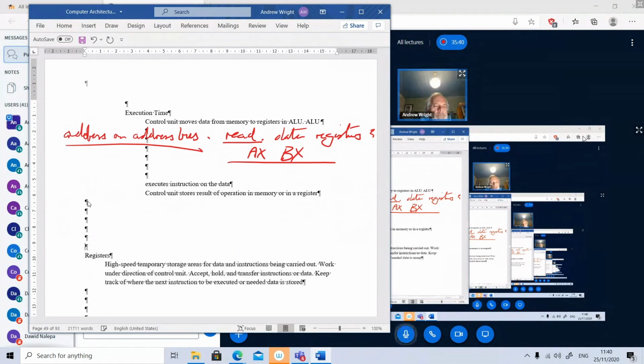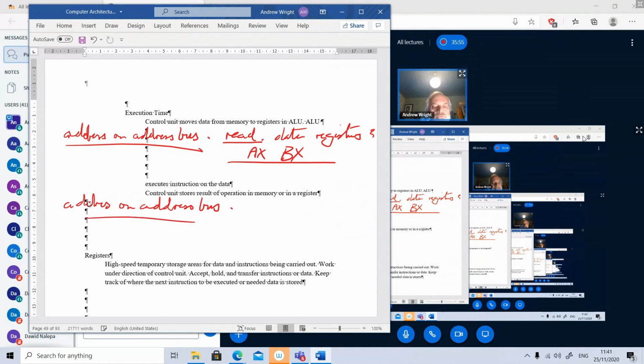Again, address on the address bus, and instead of read, we write. The address is in the memory, so we write whatever is on the data line, the data bus, if you like, into the memory.